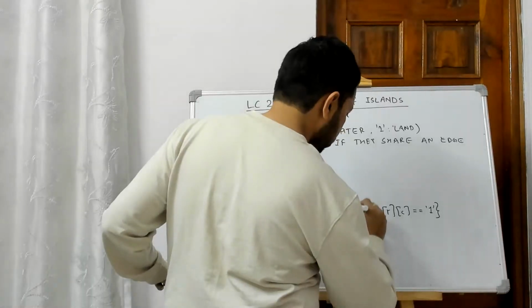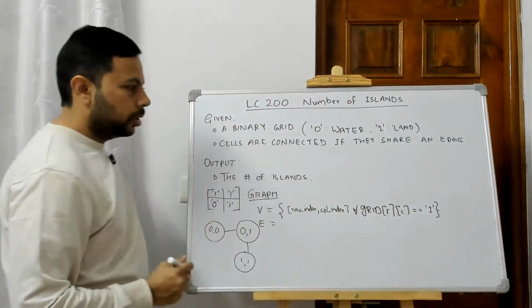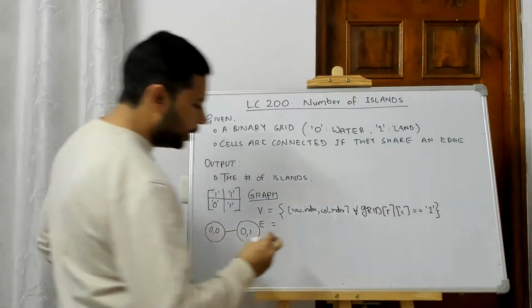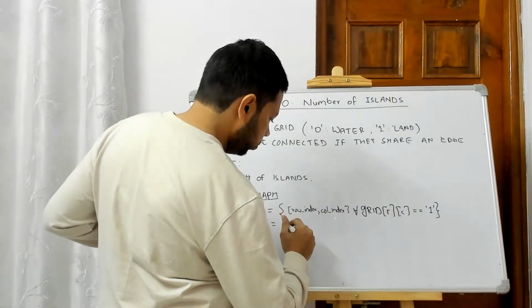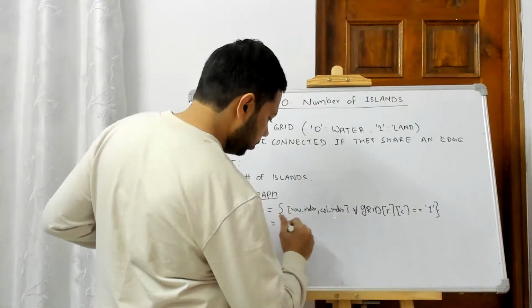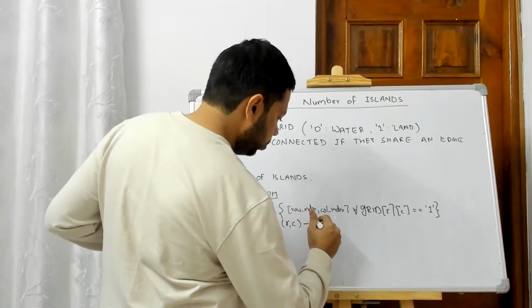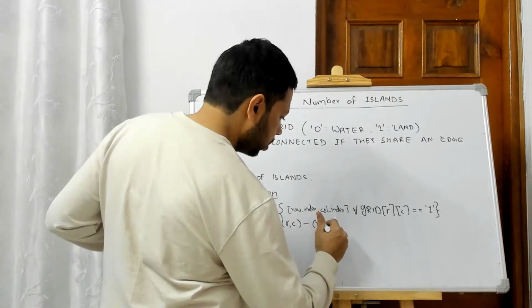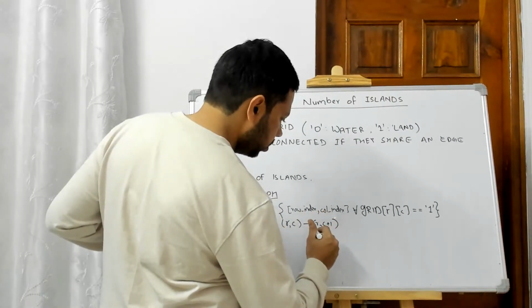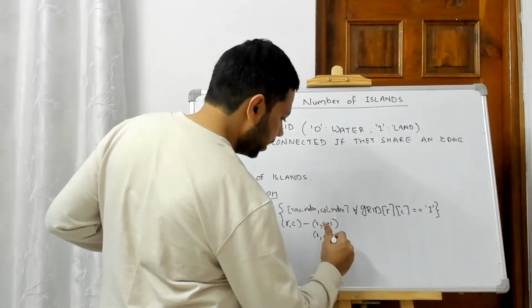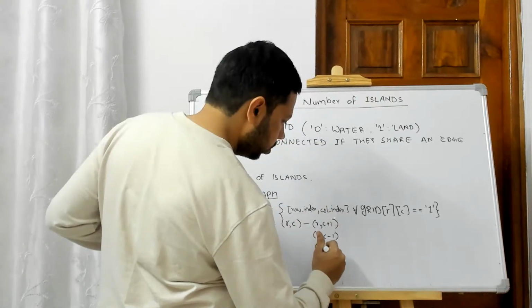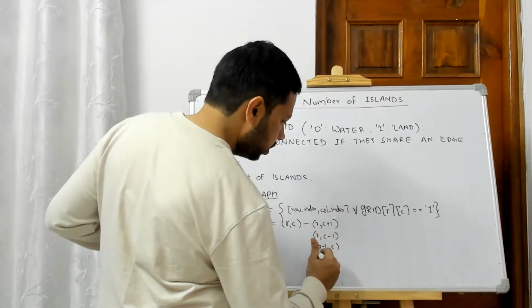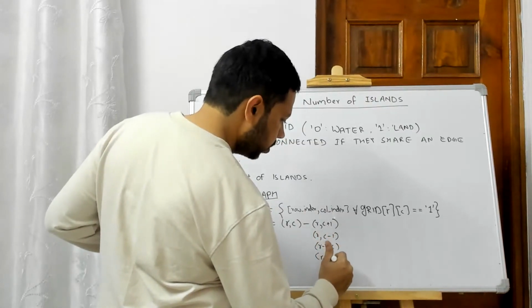So for all row column where grid is equal to 1, there is an edge from row comma column to row column plus 1, row column minus 1, row minus 1 column, and row plus 1 column.